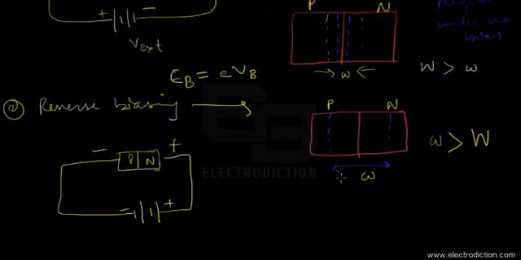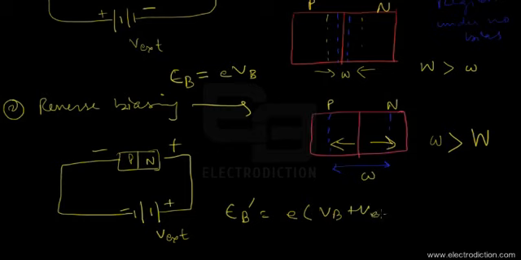So what happens is, basically the depletion region undergoes expansion, and as a result of this phenomenon, the majority carriers find it even more difficult to cross the depletion region. And also, due to the fact that this external voltage applied across the diode now aids the barrier voltage and thereby increases the energy barrier, which becomes in this case E B dash equals E times (V_B plus V_external).